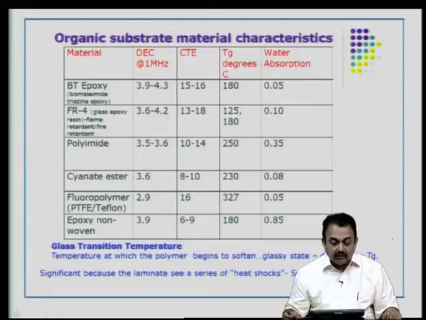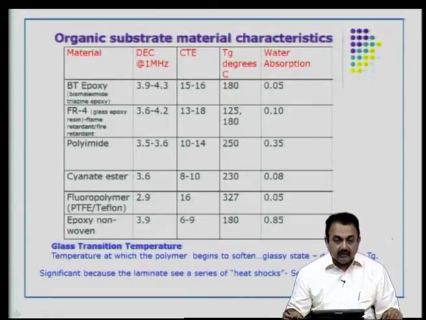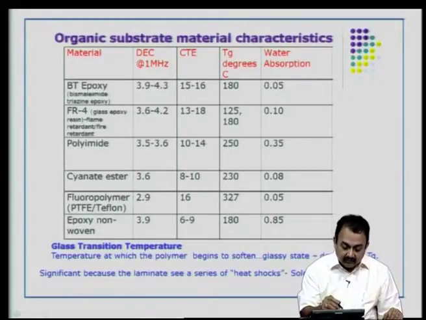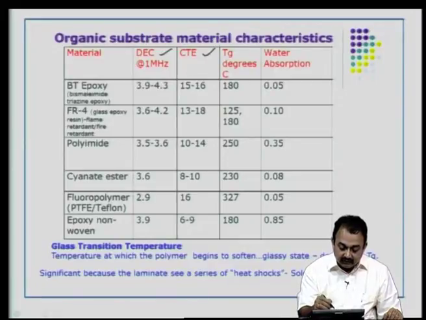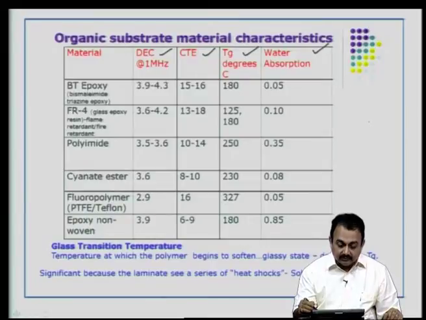The 4 important characteristics of an organic substrate need to be known here. What are these? One is dielectric constant, second is coefficient of thermal expansion, then glass transition temperature, and water absorption.